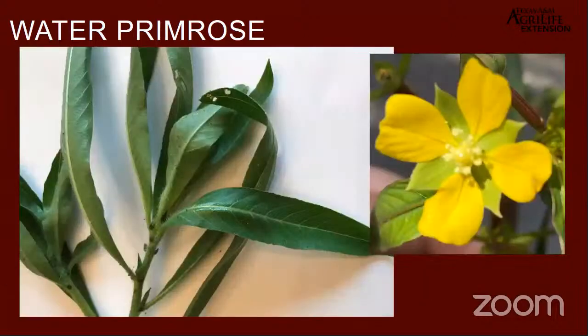Here's a closer look at the landform. It has this alternate leaf pattern that you see here, and if you look closely, it has small leaf hairs on the underside of the leaf. But the big indicator, again, is that 4-petal yellow flower.